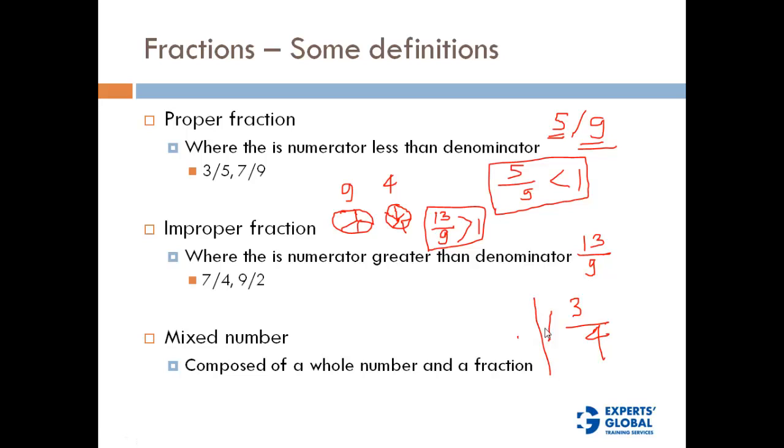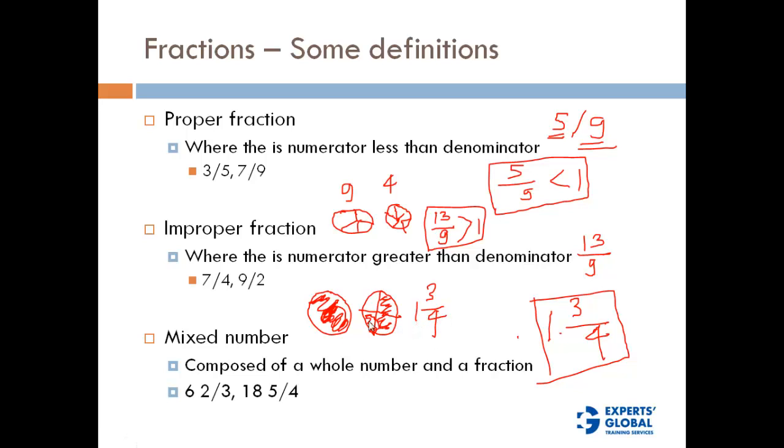So here what we are talking about is one whole pizza and another pizza that is split into 4 and we are taking 3 such pieces. So this shaded region is what we are talking about when we talk about the number 1 3 by 4.